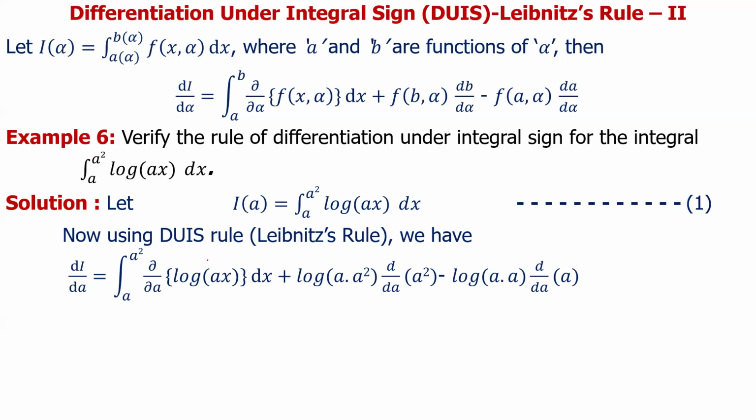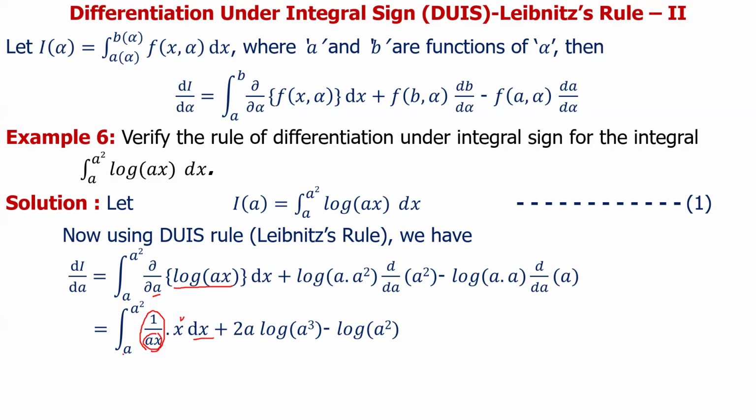Now let us try to simplify this. The first thing is, what is the derivative of log of x? We know that the derivative of log x is 1 upon x, but here we have to differentiate with respect to a. What is the derivative of log of ax? It is 1 upon ax, and again the derivative of ax with respect to a is x.